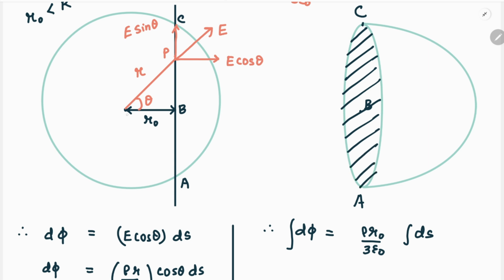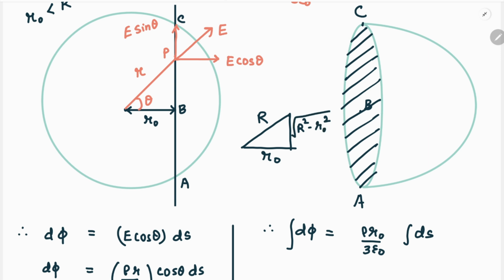For this we have the distance r0 and the radius capital R. We can easily calculate the radius of this shaded part as the square root of R square minus r0 square.